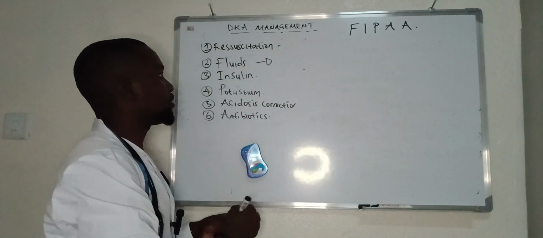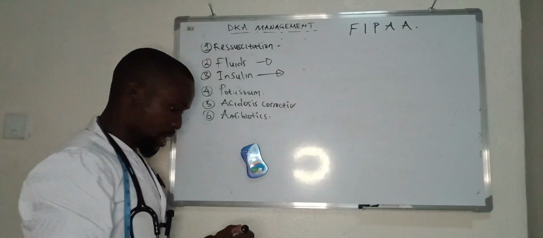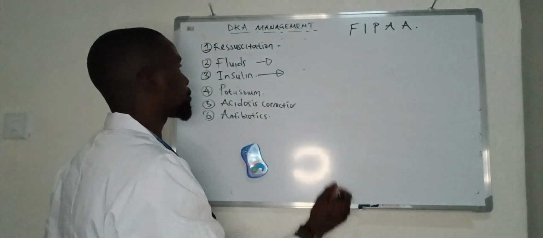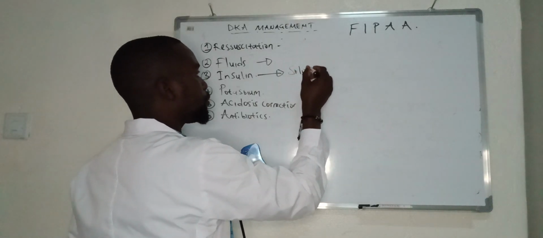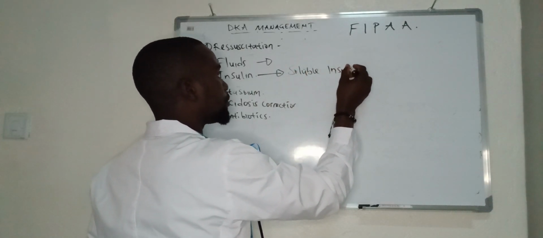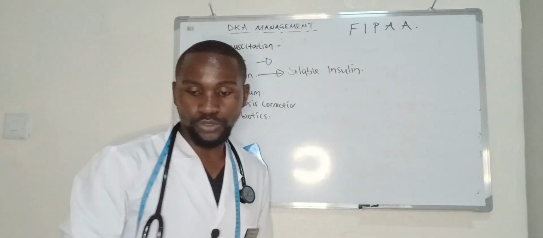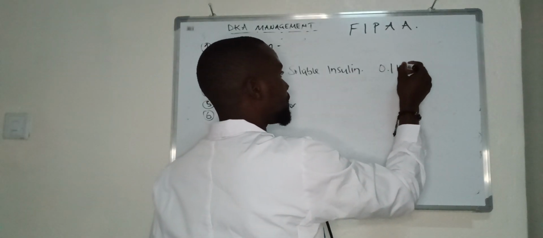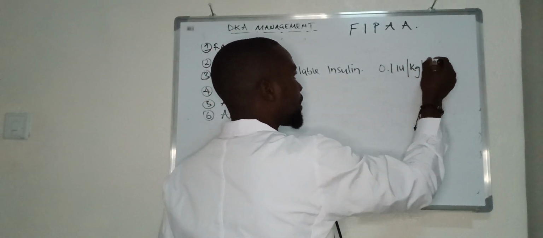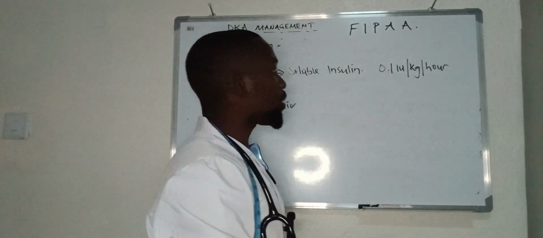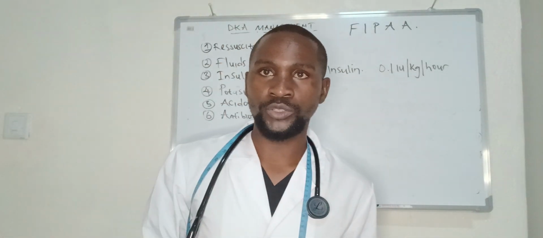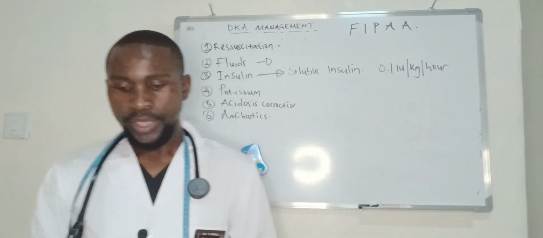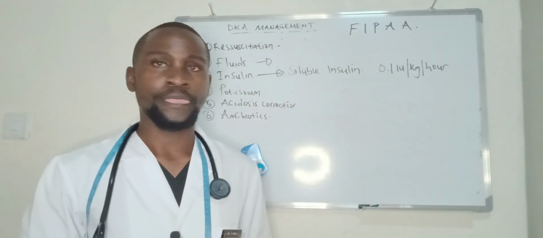You are going to give soluble insulin, and you give it at a rate of 0.1 international units per kg per hour. That's the dose of the insulin that you are going to be using in this patient.